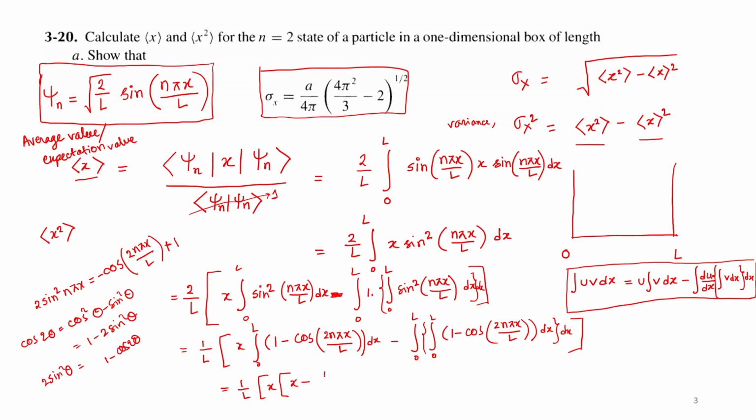It will be L by 2 n pi sine 2 n pi x by L. This is from 0 to L, and here we have 0 to L, 1 minus L by 2n pi sine 2n pi x by L dx.